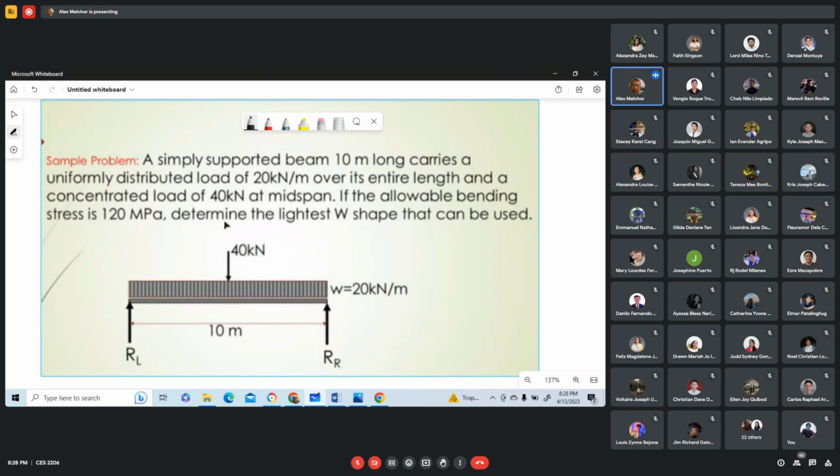Okay, thank you. Determine the lightest W shape. This means that we have a wide flange section, W shape. So this 40 kN is located 5 meters from either of the ends, since this is acting at the midspan.